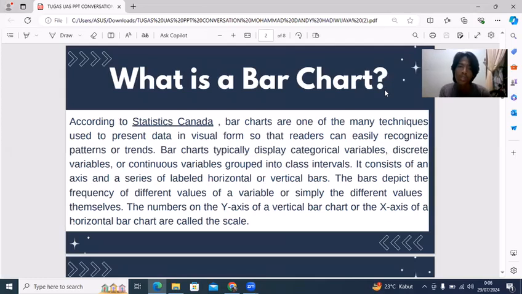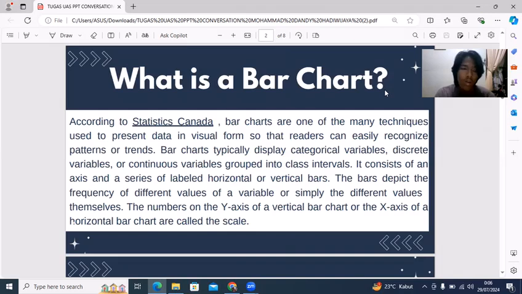What is a bar chart? According to Statistics Canada, bar charts are one of the many techniques used to present data in visual form so that readers can easily recognize patterns or trends. The charts typically display categorical variables, discrete variables, or continuous variables grouped into class intervals.